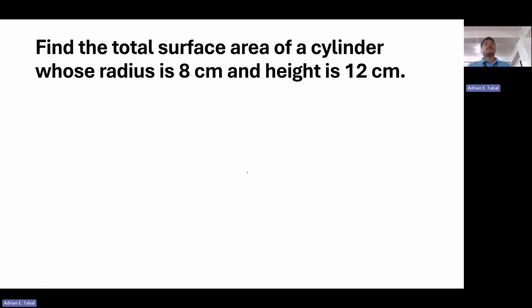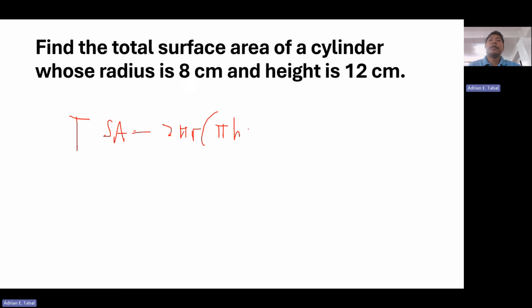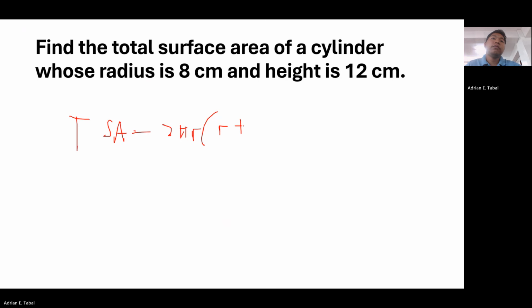Next, find the total surface area of a cylinder whose radius is 8 cm and the height is 12 centimeters. So total surface area, TSA, is equal to 2 pi r times r plus h. Substitute everything.